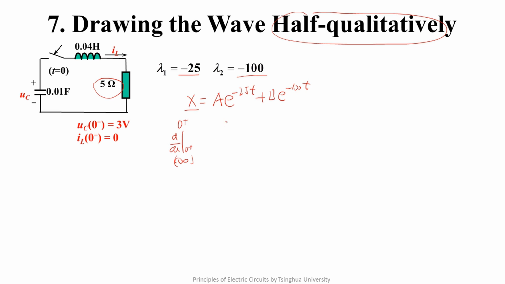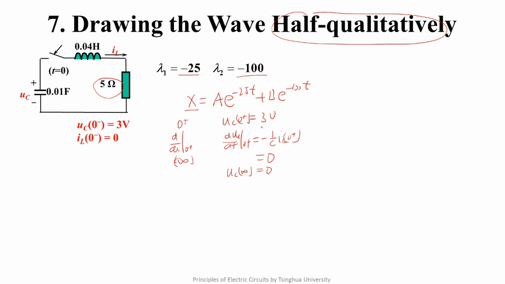For the capacitor voltage, it is easy to know that uC(0+) equals 3 volts. duC/dt at t equals 0+ equals minus 1 over C times iL(0+) in the circuit. We know that iL(0-) equals 0, so it equals 0.